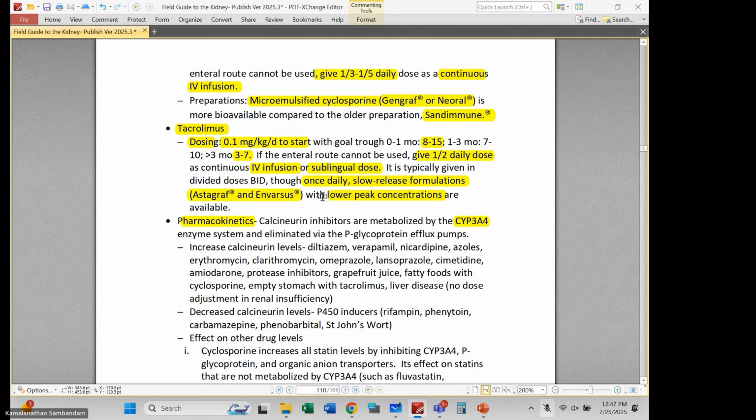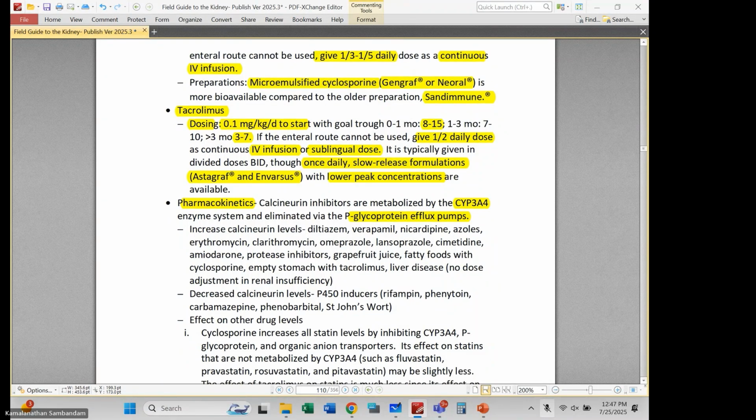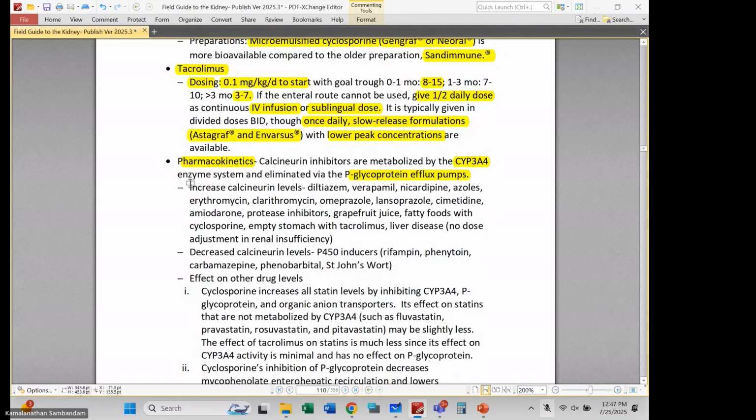Pharmacokinetics, I've talked about many of these things, P-glycoprotein and CYP3A4 system. One can use that knowledge to predict drug interactions. This is a highly testable and clinically relevant area of transplant medicine that you should really study.